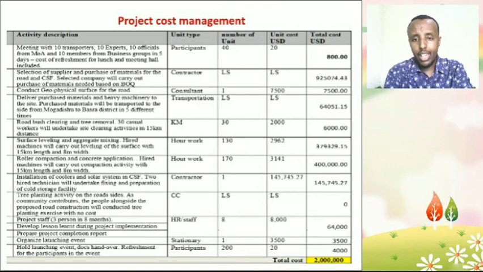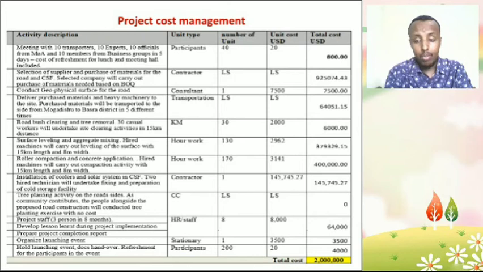The second item is the most important for this project. This second activity is the purchasing and supply of materials for this project, especially the road and the cold storage facility. The selected company will carry out the purchase of all materials.